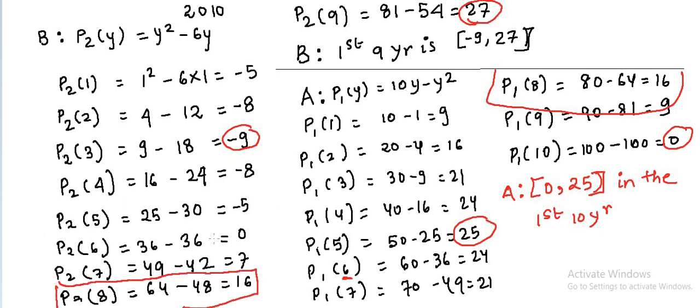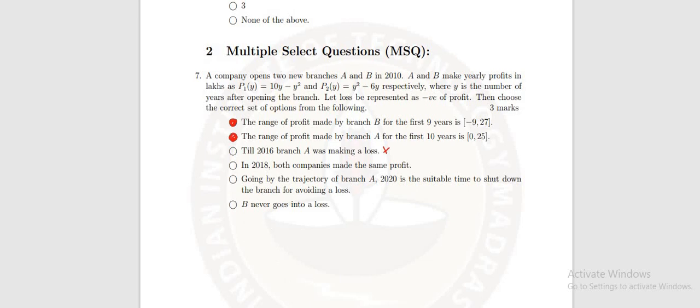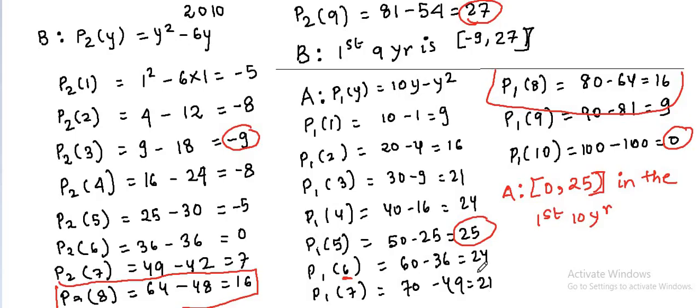You observe that both the values of the profit are equal. Hence, this option is also correct. That is, in 2018, both companies made the same profit. Moving to the next option, it is saying that going by the trajectory of branch A, 2020 is the suitable time to shut down the branch to avoid loss.